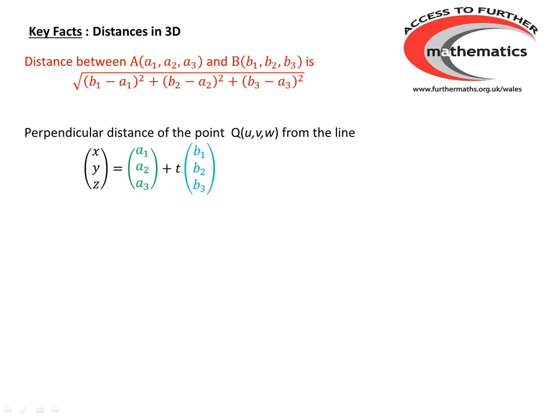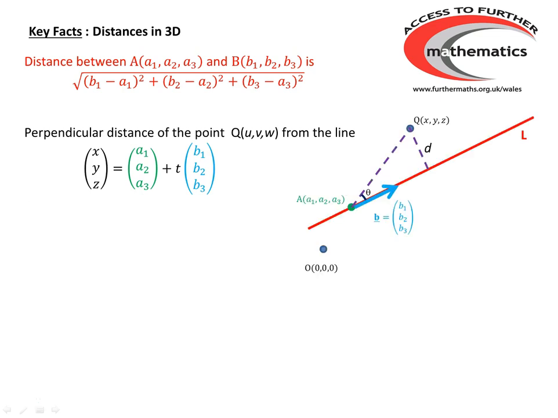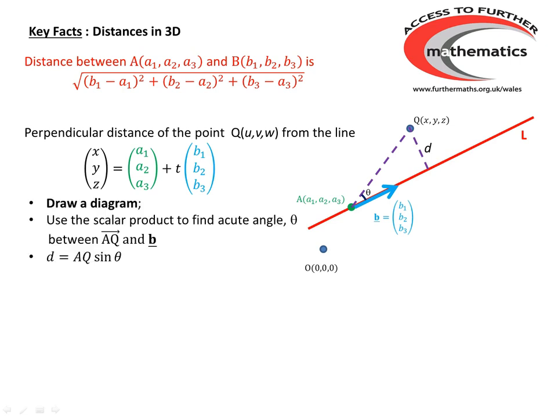The perpendicular distance of a point Q from the line r equals a plus tb can be considered in 2 different ways. Possibly the easiest way is to start by drawing yourself a diagram, and from the diagram there we're looking to find the perpendicular distance of Q from the line, so that's the distance d on the diagram, and we can use the scalar product to find the acute angle between AQ and the direction vector of the line.